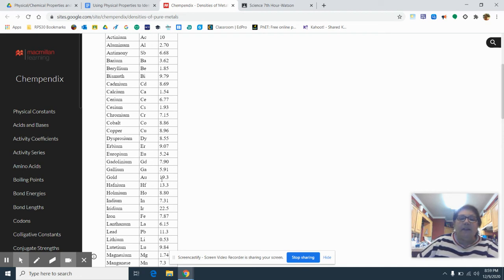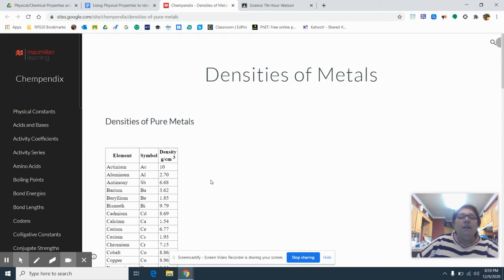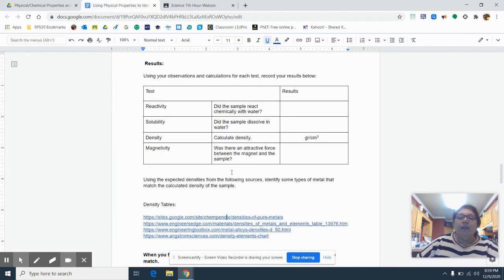Gold has a density of 19.3. Okay? So if you think it's gold, then you're going to have to do a search. Is gold reactive to water? If it's not, then gold could be a possibility. Is gold soluble in water? Did it dissolve? Whatever your answer is here, that can also be a conclusion.